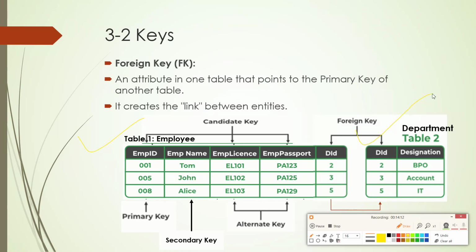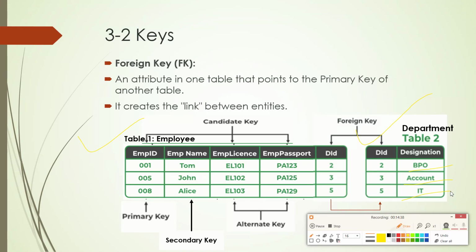So I have 3 departments, BPO, accounts and IT department, and each of these employees belongs to one of these departments. So what is foreign key? Foreign key is an attribute.